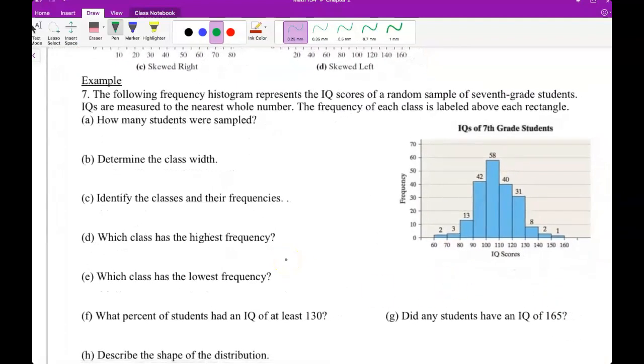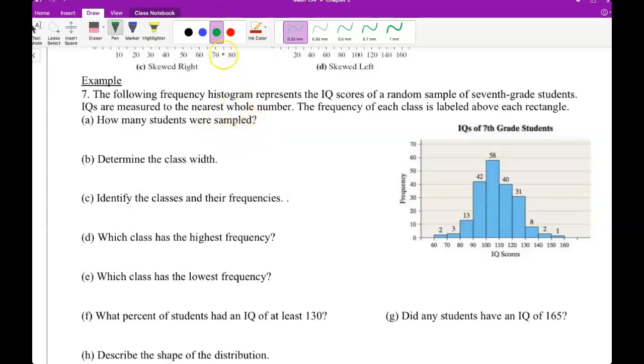Example: the following frequency histogram represents the IQ scores of a random sample of 7th grade students, measured to the nearest whole number. The frequency of each class is labeled above each rectangle. So here we have the frequency for each rectangle. Part A, how many students were sampled?